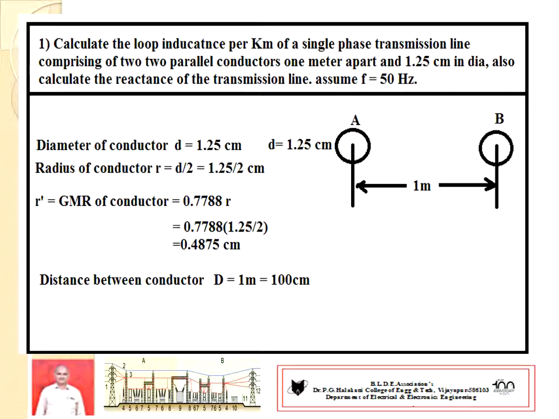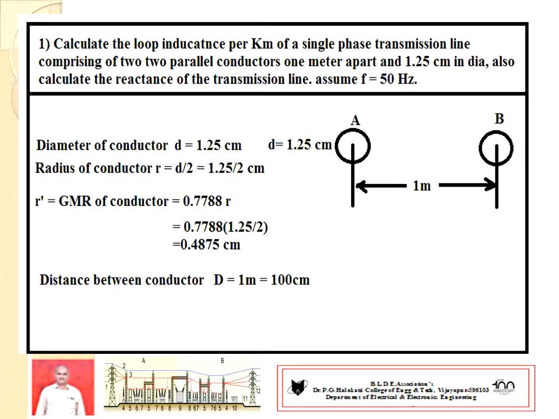So we need the radius of the conductor, r equal to d by 2. So 1.25 divided by 2 centimeter. After that you calculate r dash, that is the GMR value of the conductor. It should be equal to 0.7788 times r. So it becomes 0.48 centimeter.